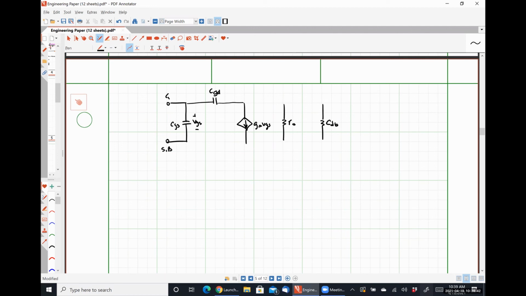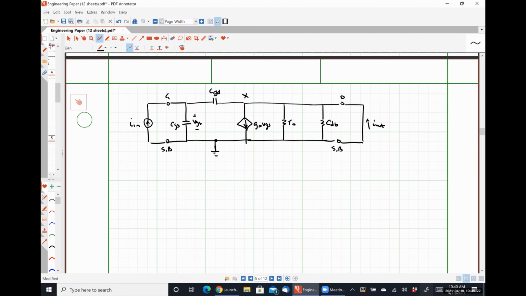Here's CDB. Here's our drain. We're going to ground our source and body. So this is the source and body connection as well. Going to do the exact same thing. So we're going to find a short circuit relationship. So this is, we'll call it I out. And this guy is I in, making sure I got everything labeled. Looks like I do. Let's call this guy node X.